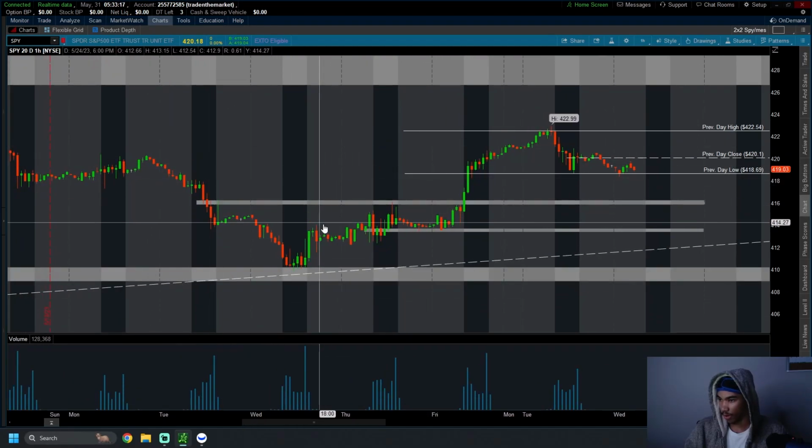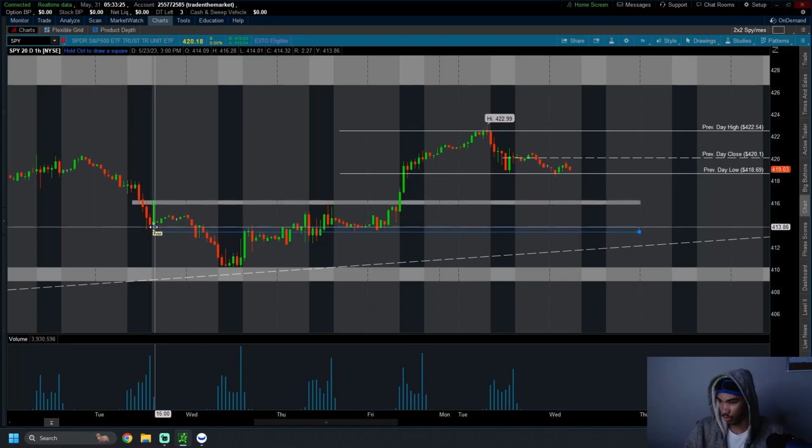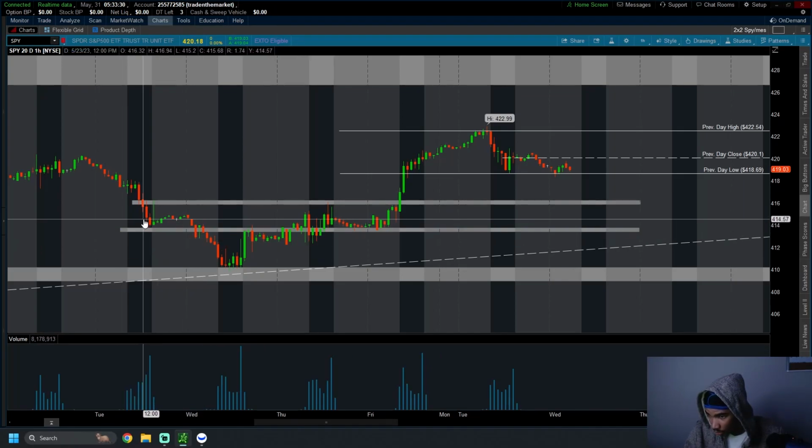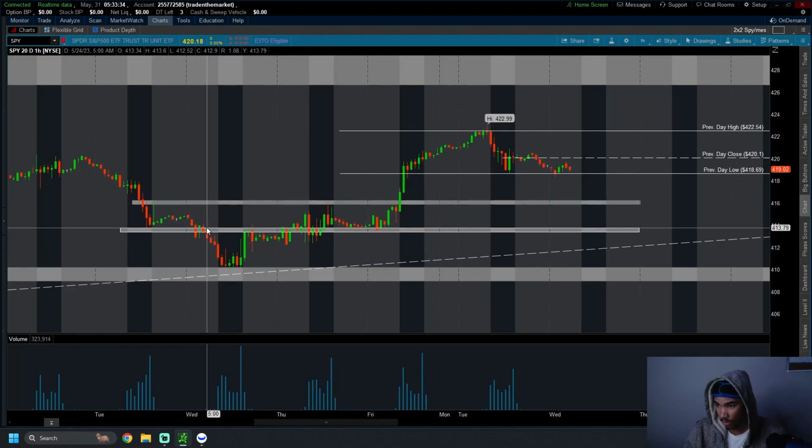Here we are on the 1 hour. We're just trying to see if our levels hold any significance, any truth to them. Right, so if we extend this over, we have a price wick down into here. A little interesting action here.